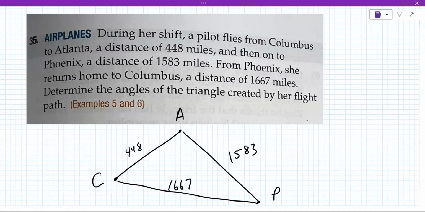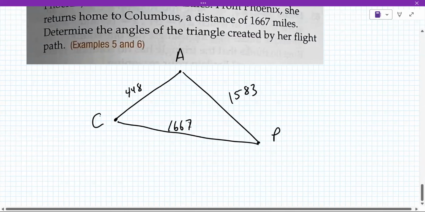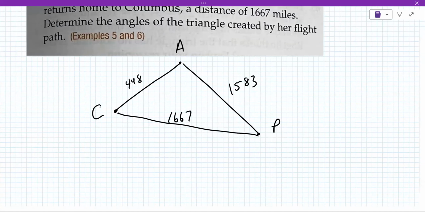If you make a different triangle, that's okay. It does not have to be the same triangle, but you've got all three sides of the triangle. This is the other type of law of cosines problem you'll see. This time you're given three sides and you have to pick an angle to solve for.